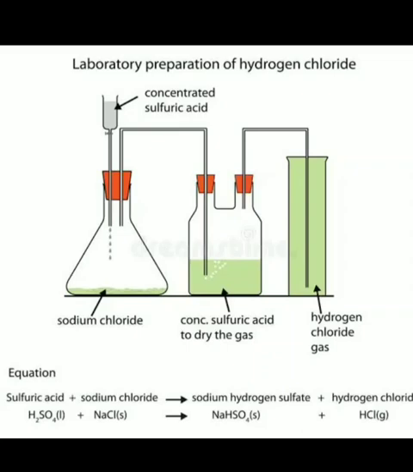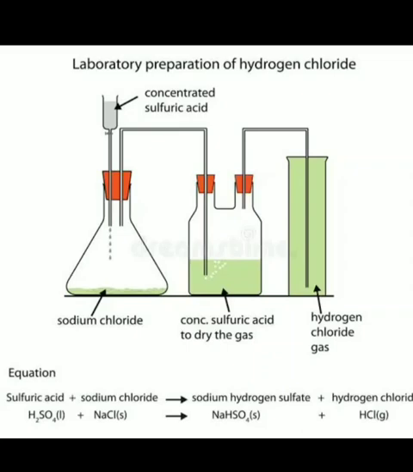So what are the reactants you have taken? Sodium chloride plus concentrated sulfuric acid. After collecting this gas, how will you identify that it is hydrogen chloride gas? As we know, when ammonium hydroxide comes in contact with hydrogen chloride, it produces white fumes of ammonium chloride.